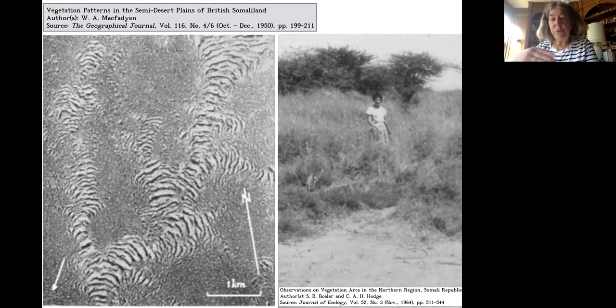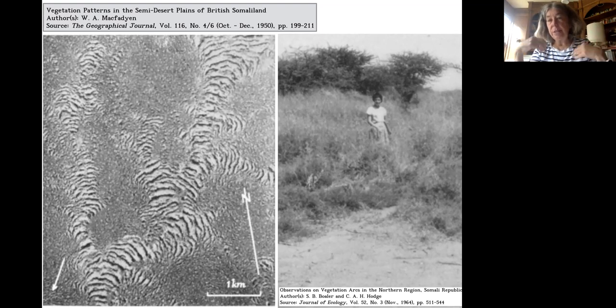And what I want to point out from the image on the right is this woman standing near the edge of one of the bands. You can see this very sharp boundary between vegetation and bare soil. The other thing I want to point out is that the vegetation is a mature community.